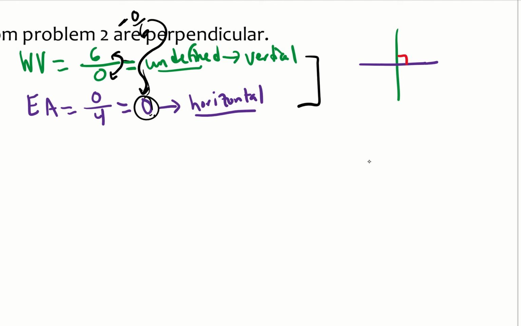So the negative is inconsequential. So following the definition of perpendicular slope, where you have the opposite reciprocal, also works here. So these are also opposite reciprocals, therefore they must be perpendicular, and therefore we have a rhombus.